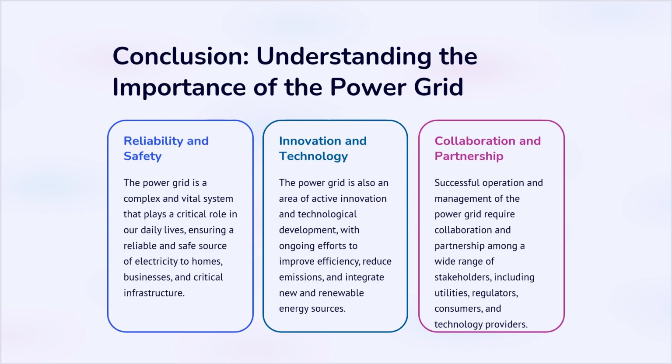Successful operation and management of power grid technology requires collaboration and partnerships among a wide range of stakeholders, including utilities, regulators, consumers, and technology providers. There are different utilities which are giving you electricity, and there are regulations which you have to follow. The consumer should be happy with you, that you are giving cheap electricity and providing technology to them.